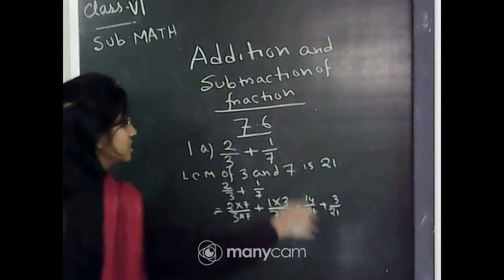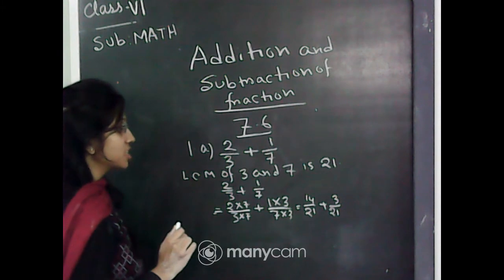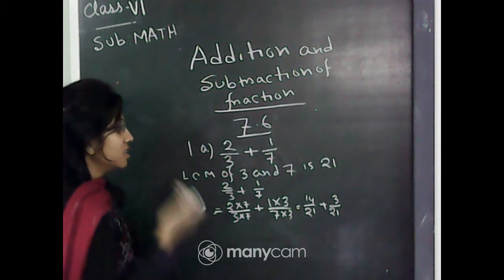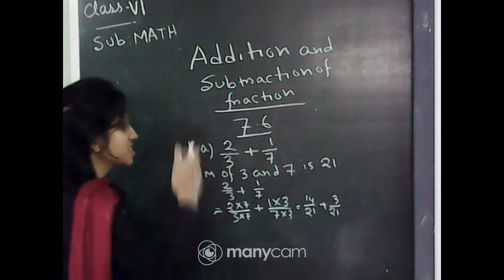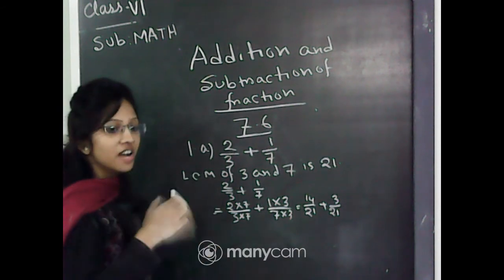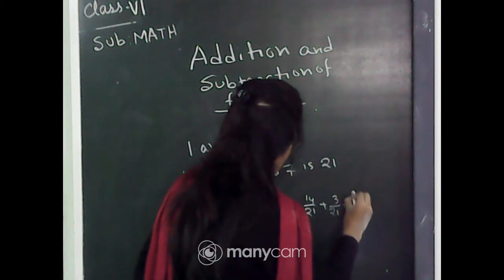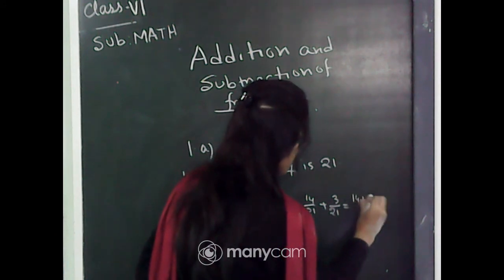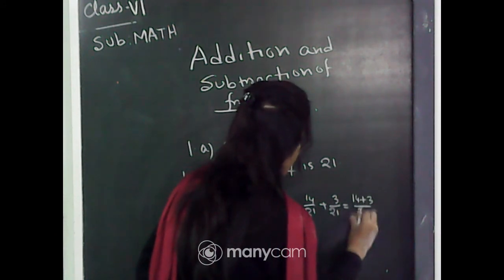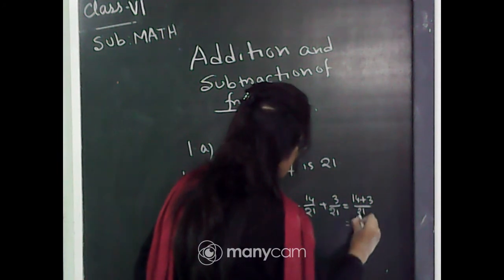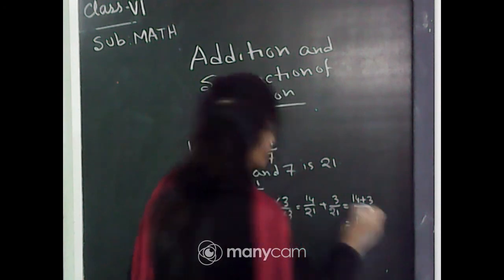Now, they are like fractions because their denominators are same. Therefore, from previous rule, we just add the numerators and retain the common denominator. Therefore, this is equal to 14 plus 3 divided by 21, that is 17 divided by 21.